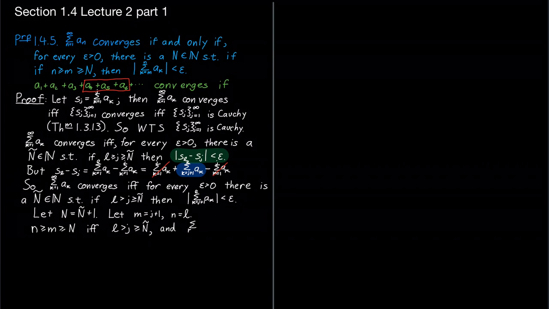And our partial sums from J plus 1 to L is the sum from m to n.